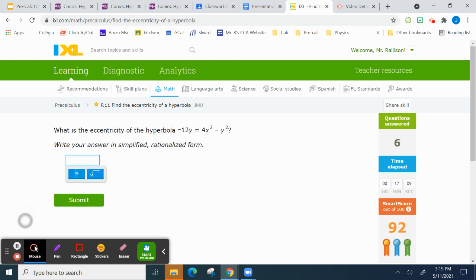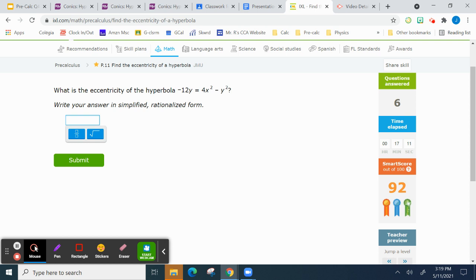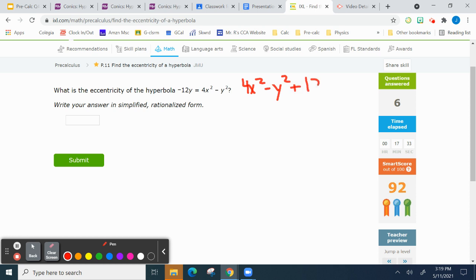They're going to throw something at you. Okay, so here you're going to have to do your completing the square thing from the last one, right? I'll just get you started, and then I'm going to stop for sure. Oh, geez, I've got to get out of here. I've got an appointment. All right, so we're going to rewrite this. We're going to go 4x squared minus y squared plus 12y equals 0.